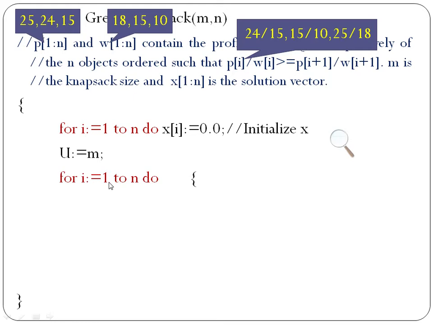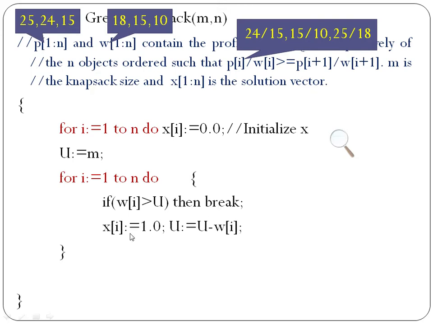For I equal to 1 to n, do: if weight of I is greater than u, then it will break, else it will do x of I is equal to 1.0. It means it will take the first item or the first element completely.